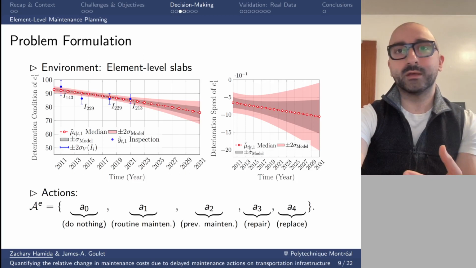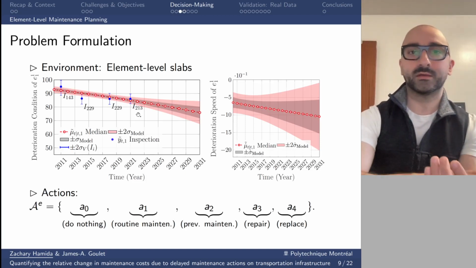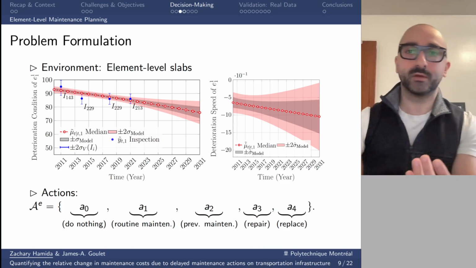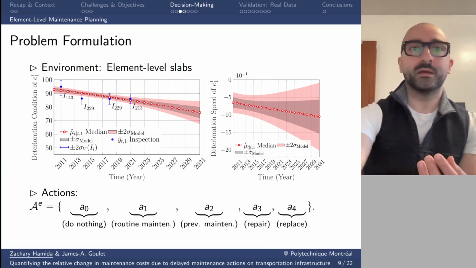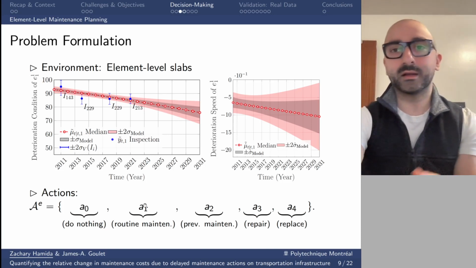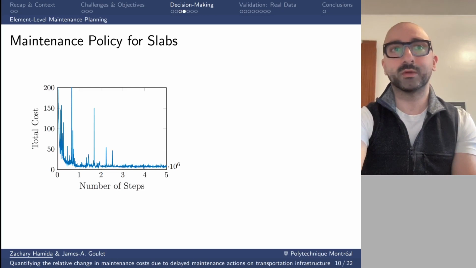So using an environment based on these, and having run multiple simulations in different states and different starting points, and letting the RL agent learn the policy, we get to this policy.